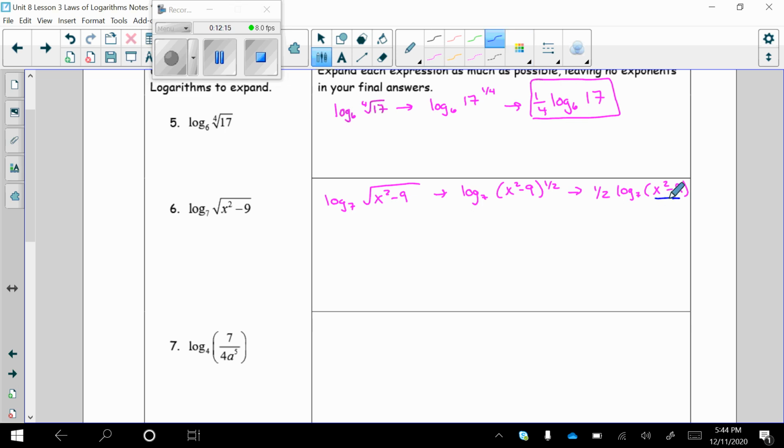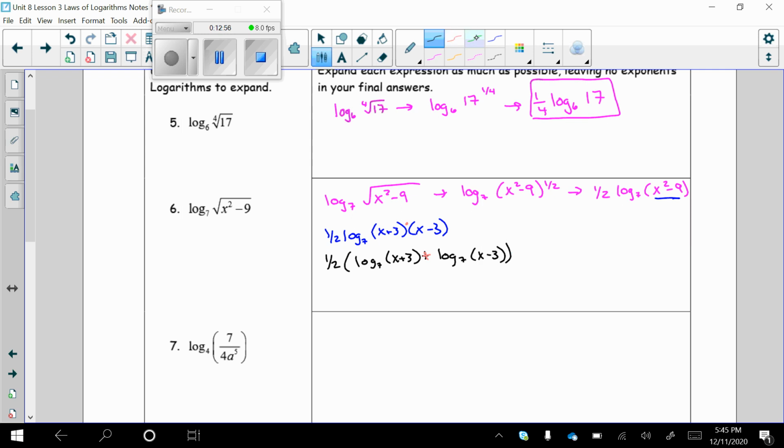That polynomial is a difference of squares, so it factors, and we can rewrite this again as log base 7 of x plus 3 times x minus 3. Well, now we've introduced multiplication in here. So there are 2 ways you can expand this as your final answer. You can do 1/2 times log base 7 of x plus 3 plus log base 7 of x minus 3.